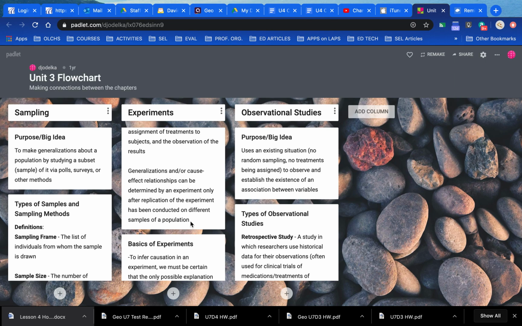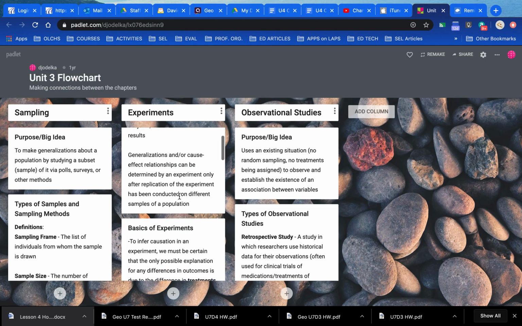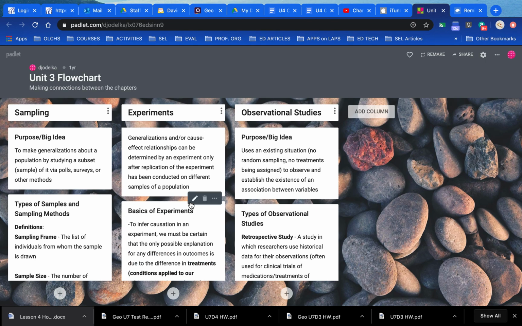The only way you could say there's a causal relationship is if you've done an actual experiment. You see this in the news right now. There might be anecdotal evidence of a drug helping with COVID, or you might see that it worked on one sample. But for you to say this drug will treat this, I can proclaim that it is a potential cure, you'd have to have done a controlled randomized study.